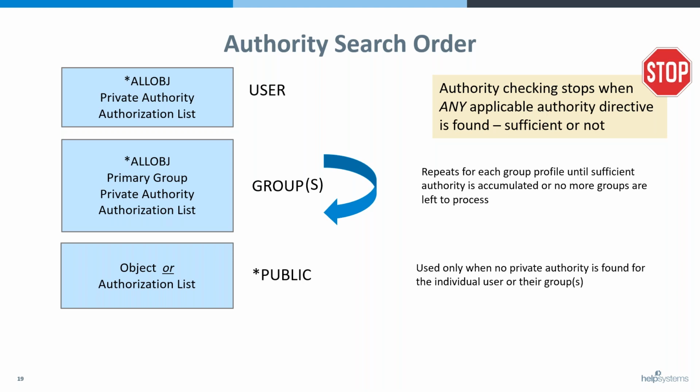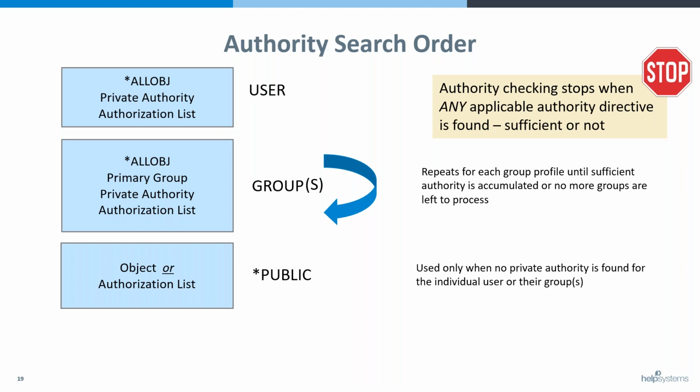Now I've got here object or authorization list. The public permission can only come from one or other. I'm going to show you some screenshots to paint a picture around that to help it be a little bit easier to absorb. But it's important to know that the object has a public permission or it comes from the authorization list, but it can't come from both.